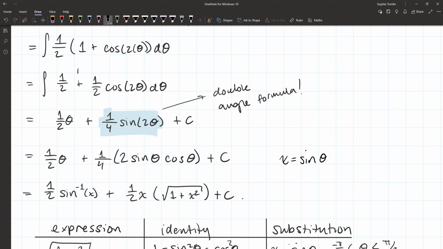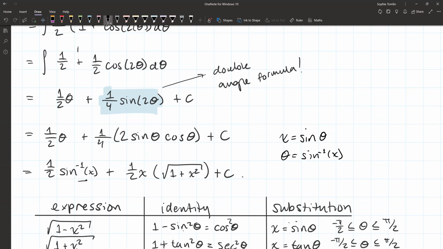And so then that means that we have theta is equal to the inverse sine of x. So then we substitute that in here. And here we have cos theta, which if we, again, bring back our Pythagorean identity, where we have 1 minus cos squared theta.